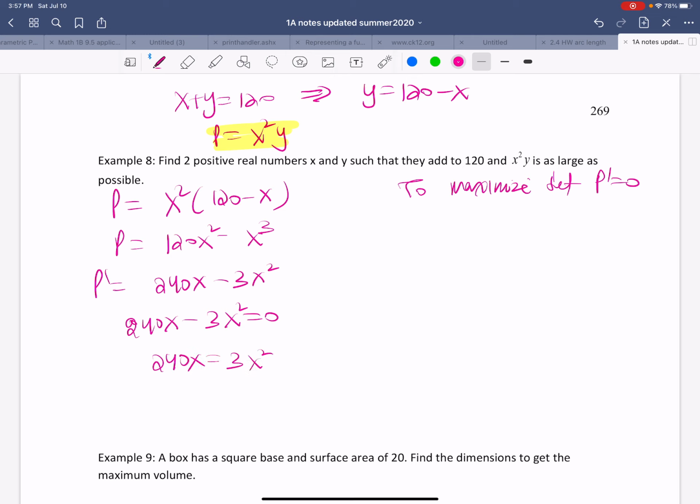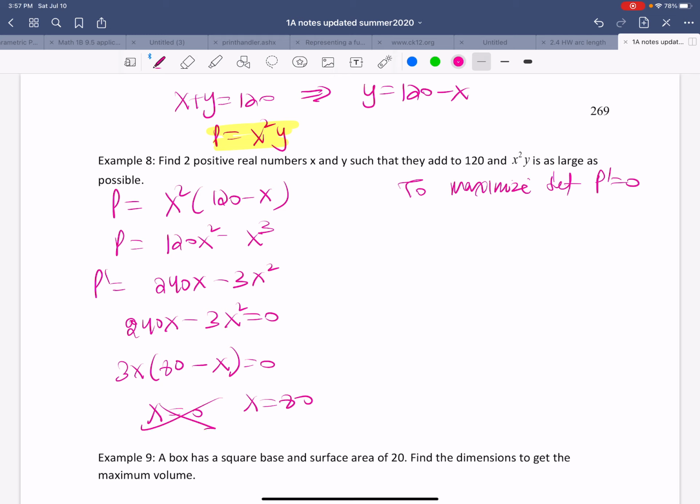Normally we would not cancel the x's, because you lose one solution. I'm just going to factor out a 3x from here: 3x times 80 minus x. So either x equals 0 or x equals 80.